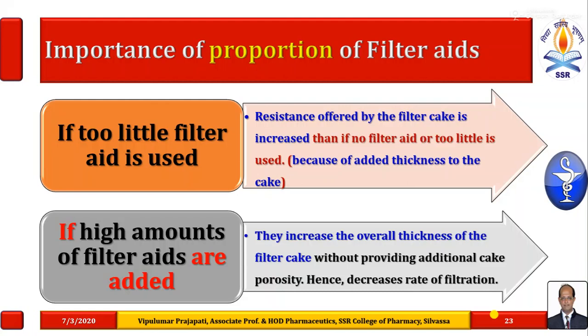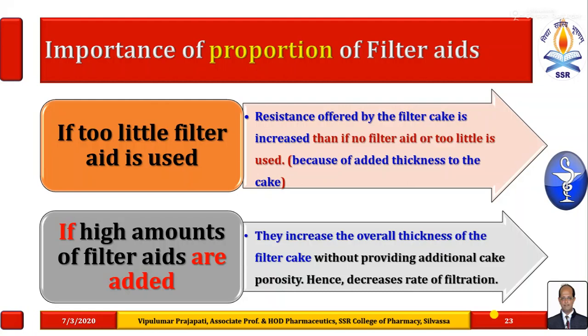If no filter aid or too little is used, the cake becomes thicker and less permeable. So if a very small amount of filter aid is added to the slurry, the filter cake itself offers resistance against the flow of fluid. Hence the flow rate of filtrate is decreased.